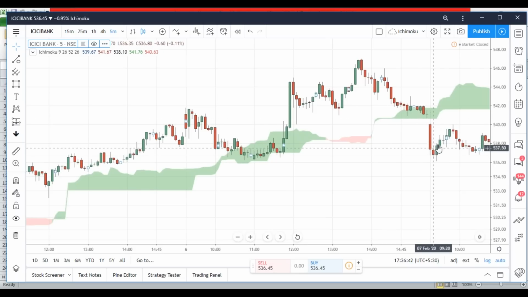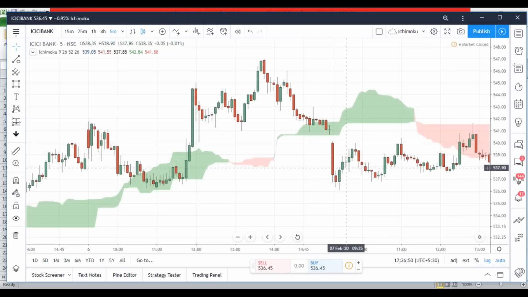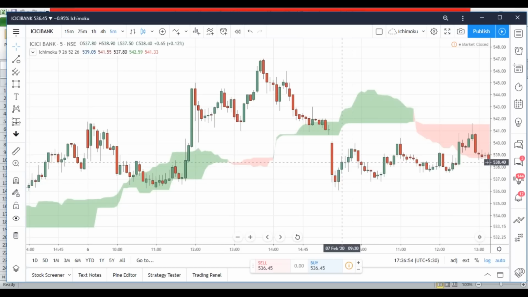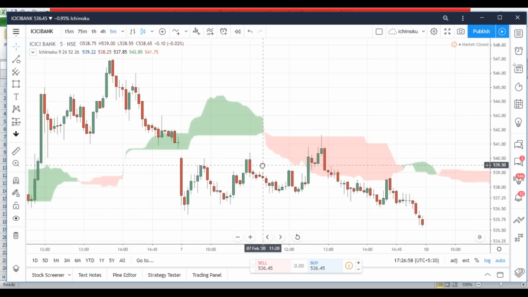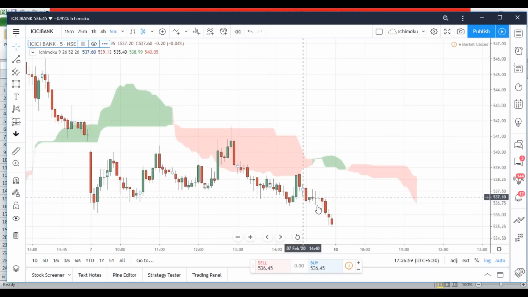Now here I will square off my long and I will again go short below this candle low. 536 is a short, and the stop loss is 542, the cloud high. See, we are still in the short trade.